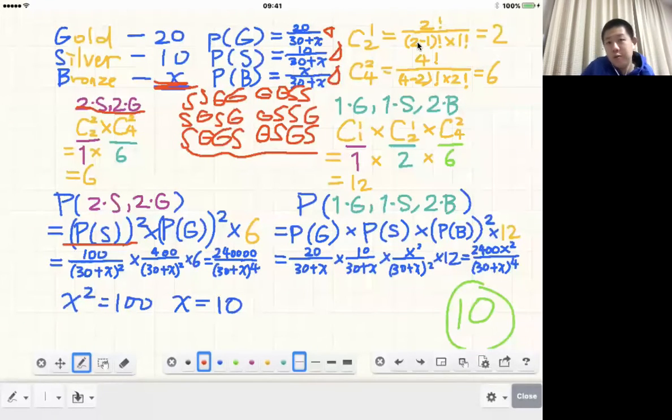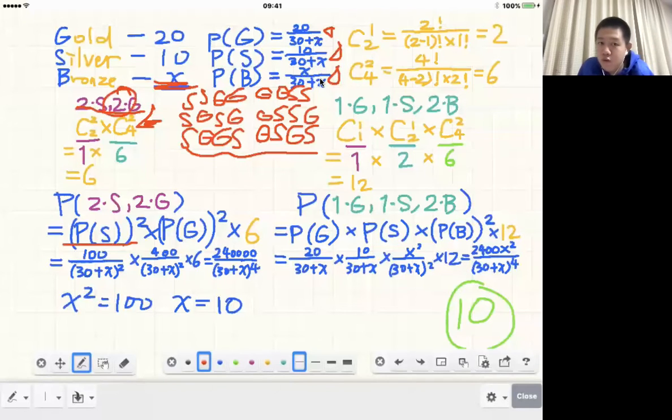Or, if you have learned about combinations, you could do it another way without listing them out. Have C22, where you have two balls that should be silver, and then C42 for the two balls that should be gold.